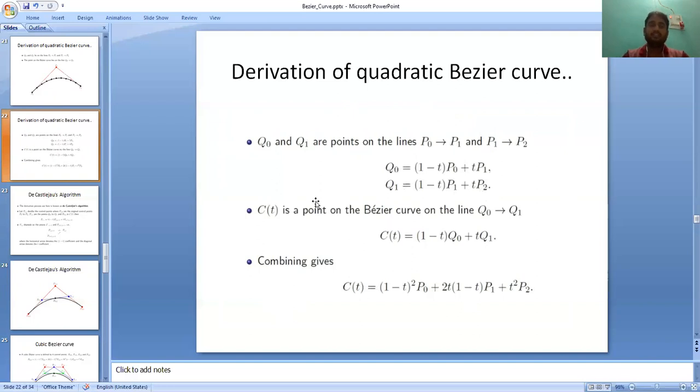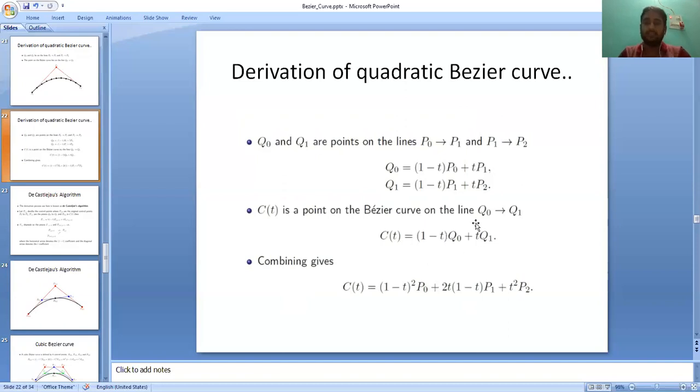Now C(t) is the point on the Bezier curve, on the line Q0, Q1. C(t) is nothing but those black points with the help of which we draw the Bezier curve. This point is determined with the help of the Q0 and Q1 points.